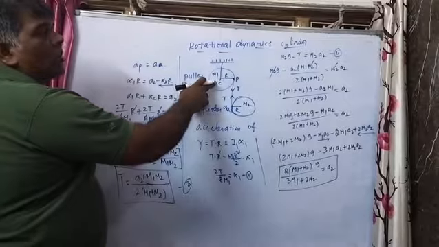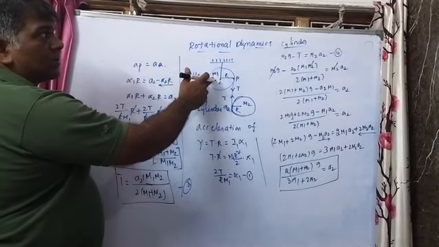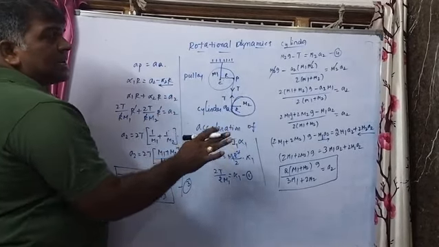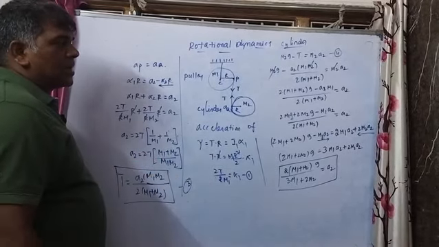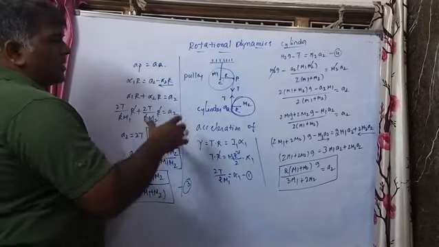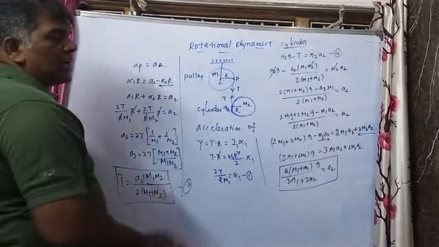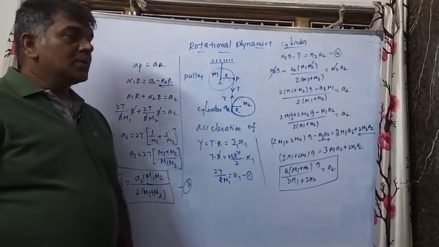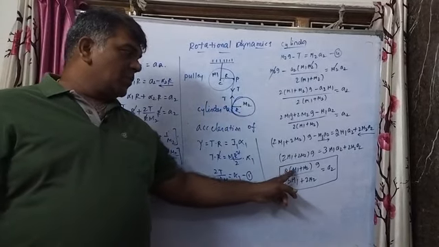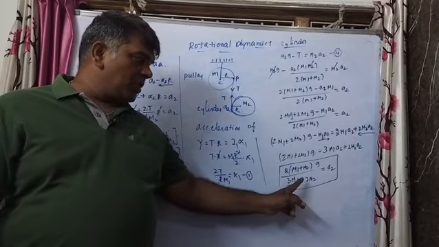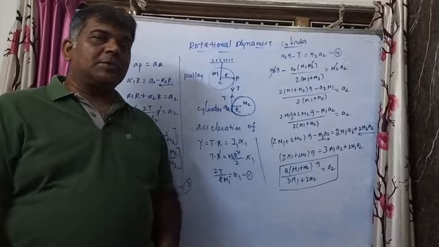So the pulley has only rotational motion, but the cylinder has both translational motion and rotational motion. After simplifying, following all this procedure, this is the answer: A2, the acceleration of the cylinder, is 2 into M1 plus M2 by 3M1 plus 2M2 into g.